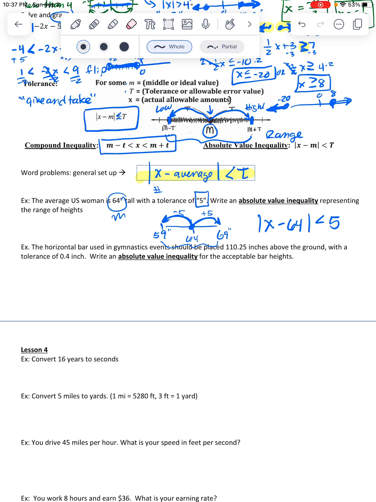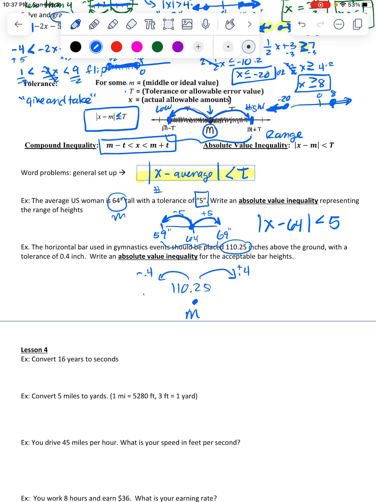So in this last one, the horizontal bar used in gymnastics should be placed at 110.25. So that's going to be my middle ground, my normal number, whatever you want to call that. And it has a tolerance of 0.4. So you can go this direction, 0.4 by adding, or you can take away 0.4 and still be within the acceptable range.